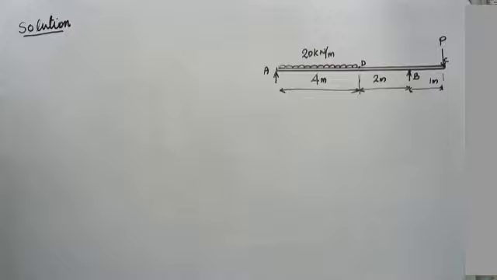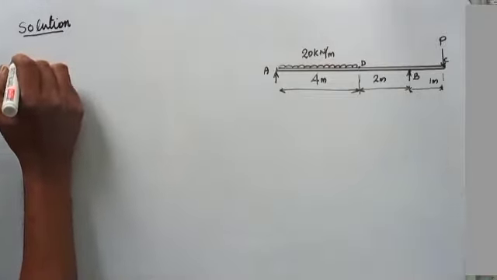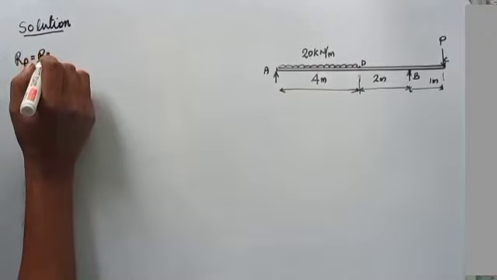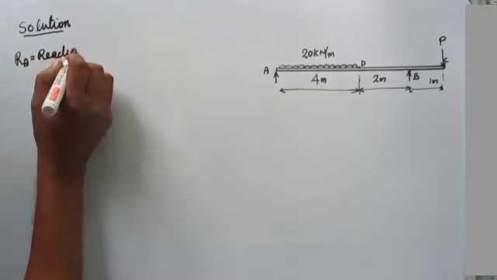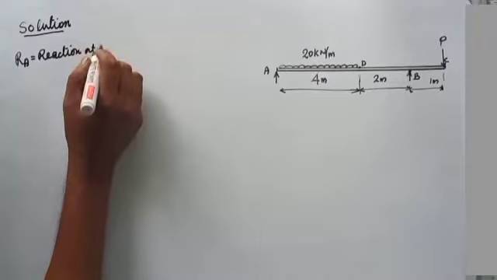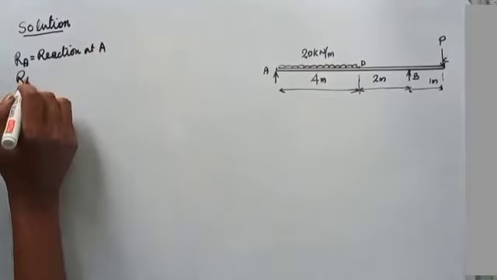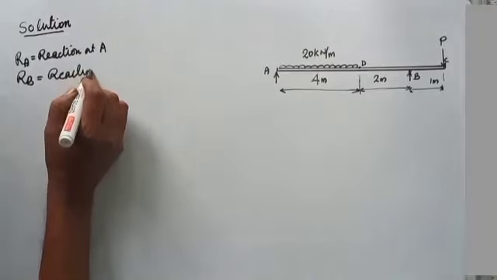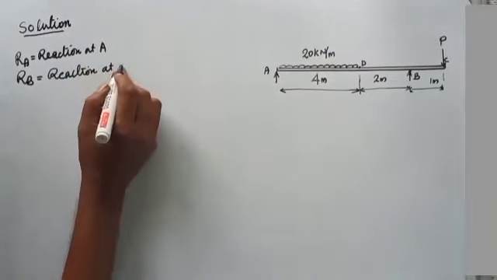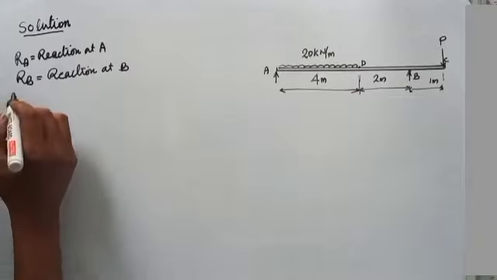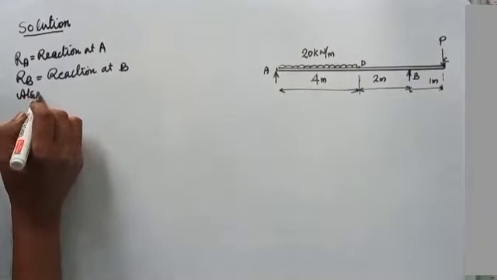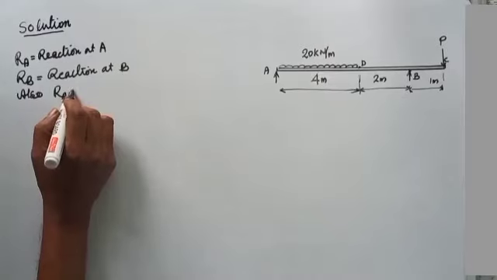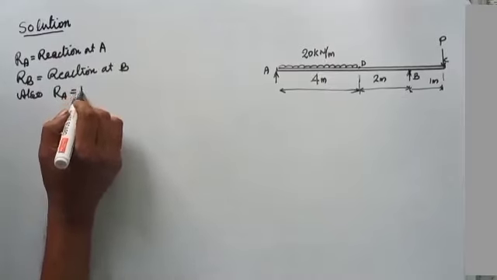So let us take RA equals reaction at A and RB equals reaction at B. Also, RA equals RB.